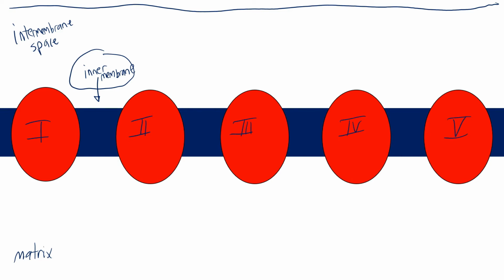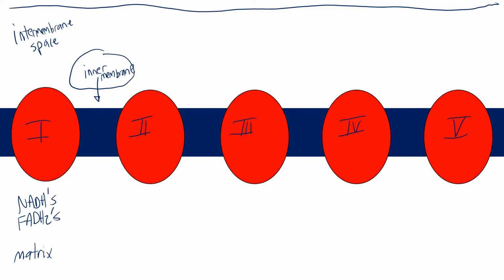Okay, so now let's get into the very beginning of this. We've gone through glycolysis, we've gone through the Krebs cycle, and we have generated various NADHs and then FADH2s. So these basically harness energy. There's more than one of each.